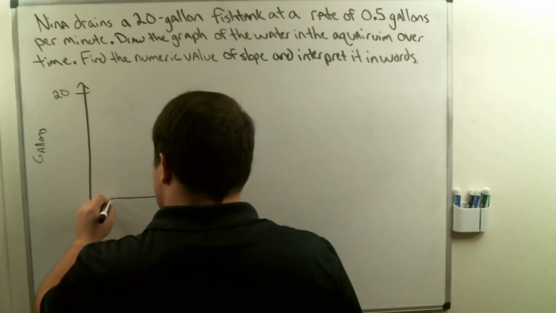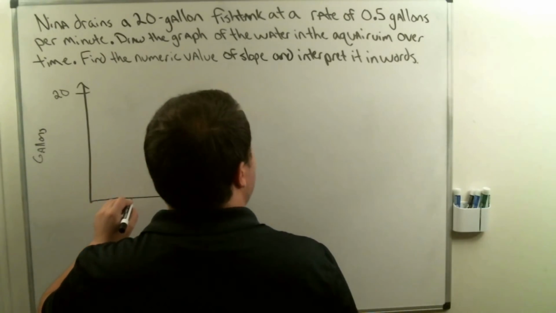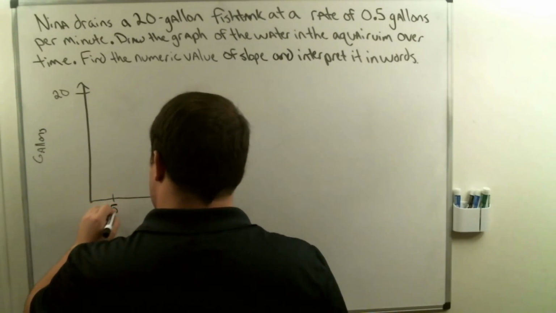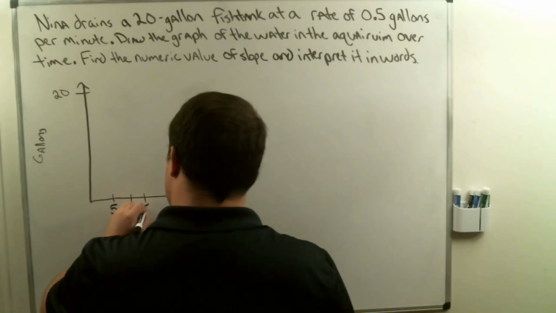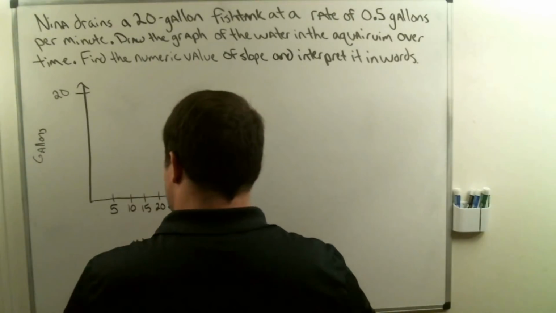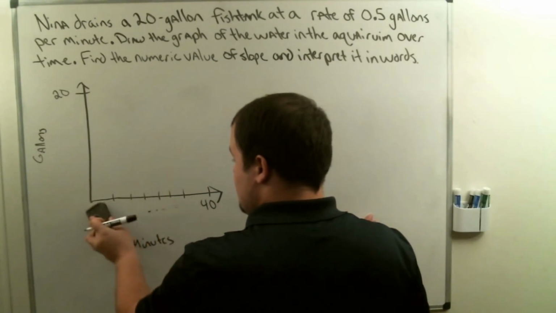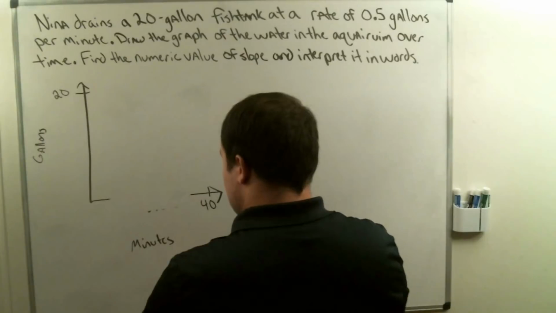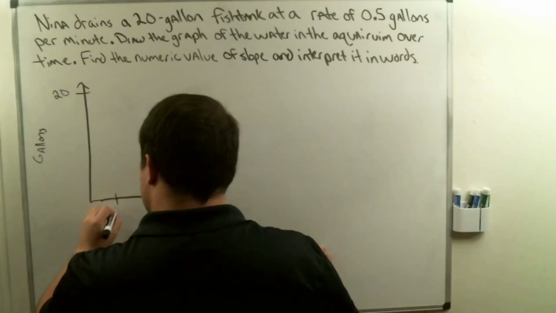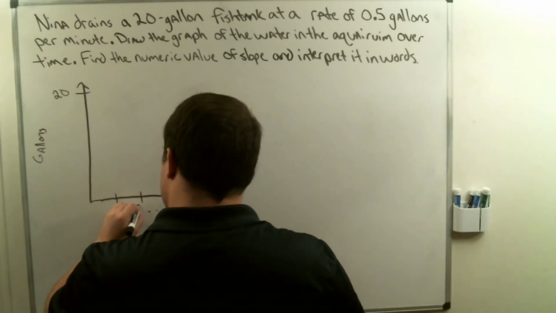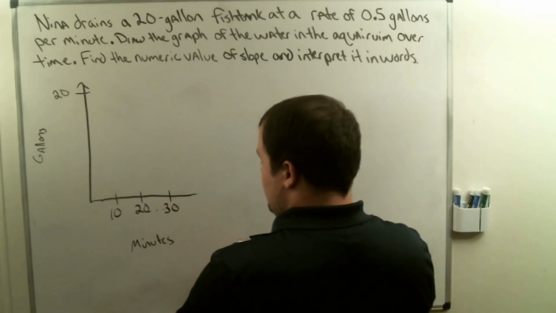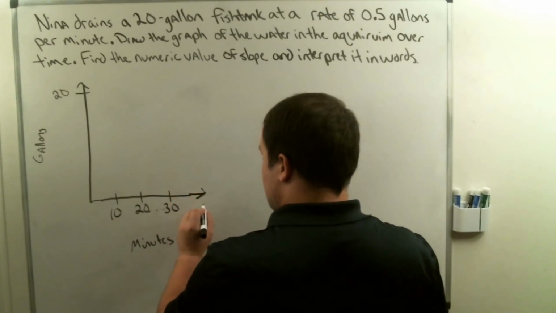So I'm going to count by tens. Tens seem good. Or fives. 5, 10, 15, 20, 25. Nope. 5s are not a good number to pick. So I'm going to count by tens. So 10 minutes, 20 minutes, 30 minutes, and at the very end we're going to have 40 minutes on our clock.